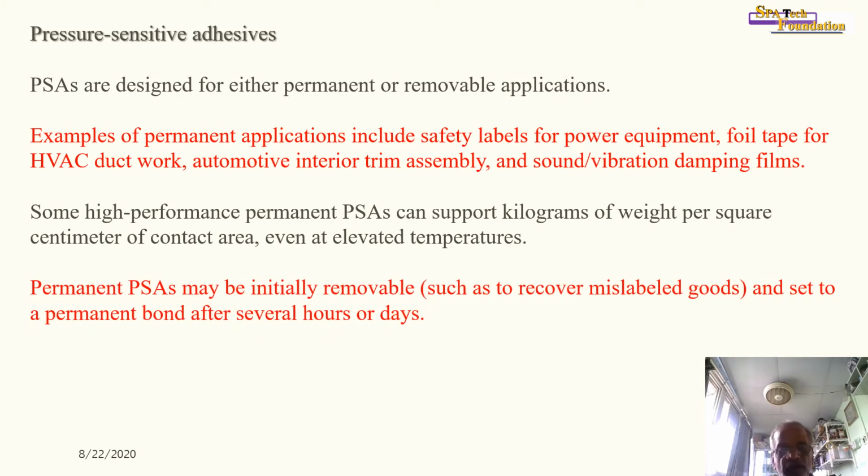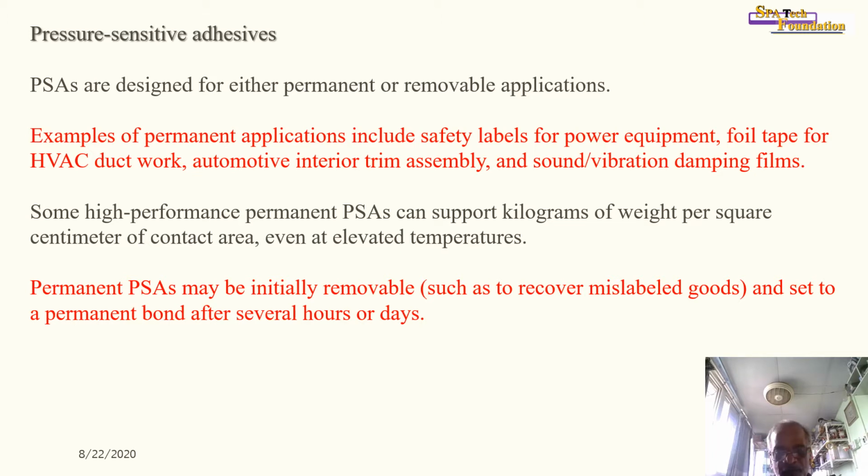PSS are designed for either permanent or removable applications. Examples of permanent applications include safety labels for power equipment, foil tape for HVAC ductwork, automotive interior trim assembly, and sound or vibration damping films.